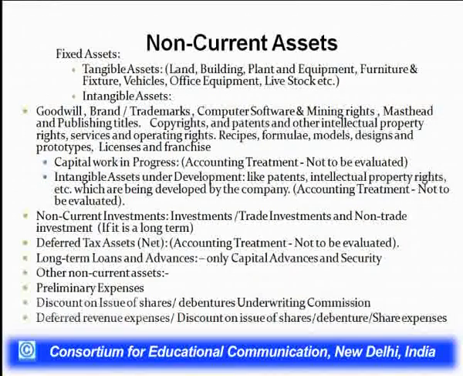Then we have capital work in process. We need to show it separately if any long term asset is under construction, but the value will not be added in the total of the assets. Then we have intangible assets under development. It's not that intangible assets are ready.